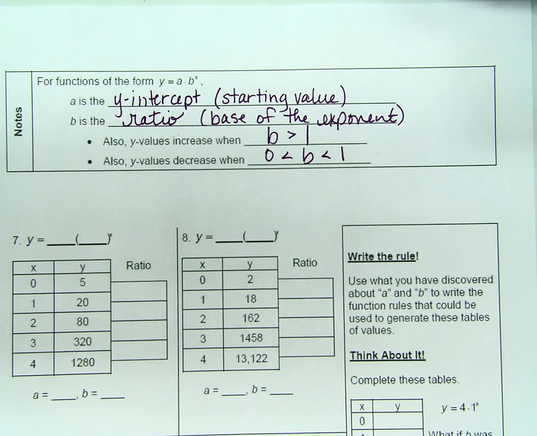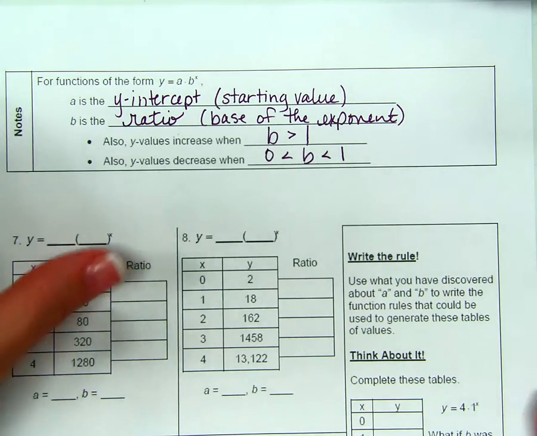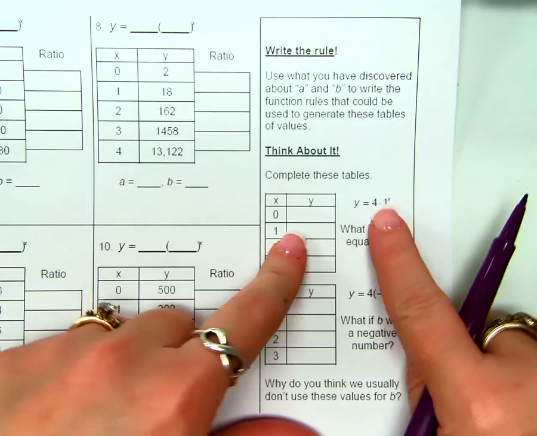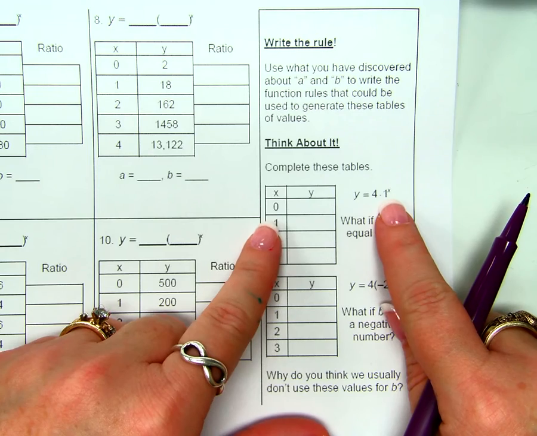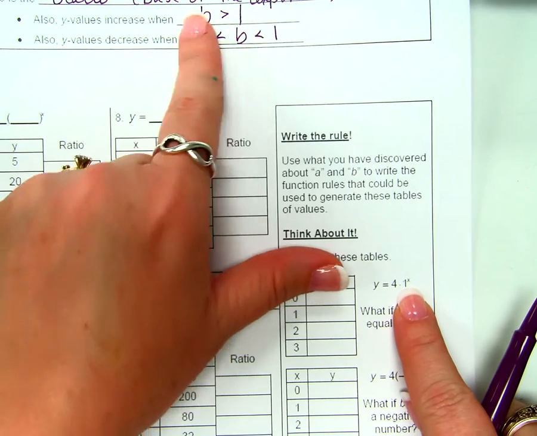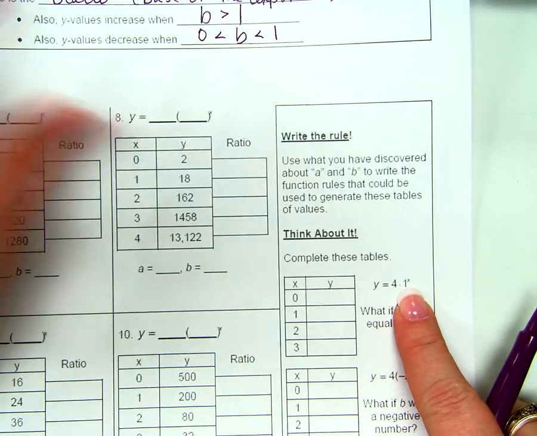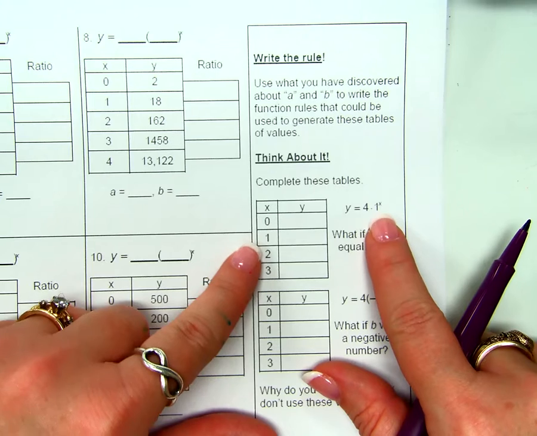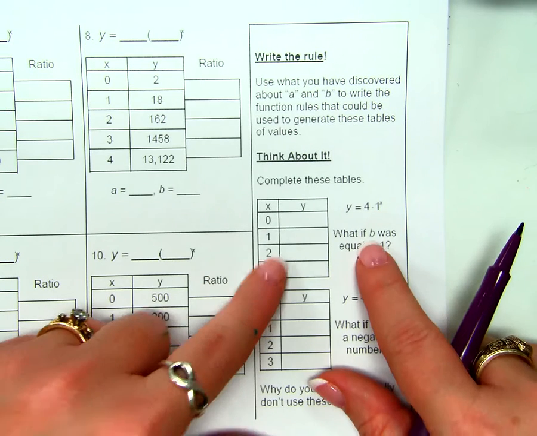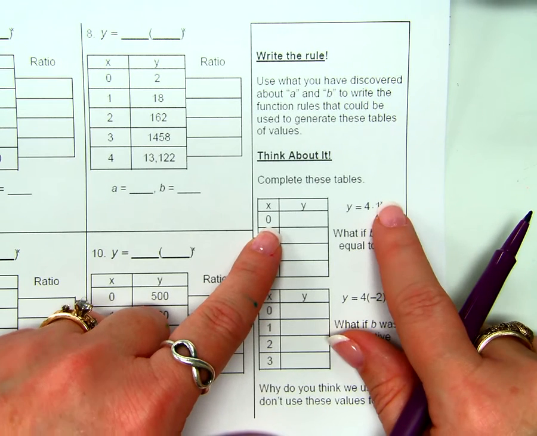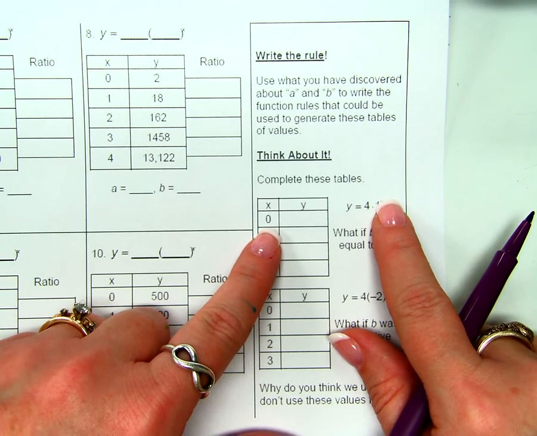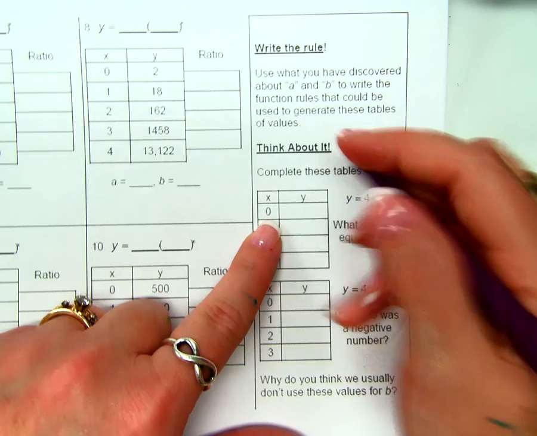Okay? Well, look at this example right down here. What if b was 1? We didn't put an equal sign on either one of those, did we? Well, let's think about y. Okay, if x is 0, what's 1 to the 0 power? 1 times 4. 4, okay?